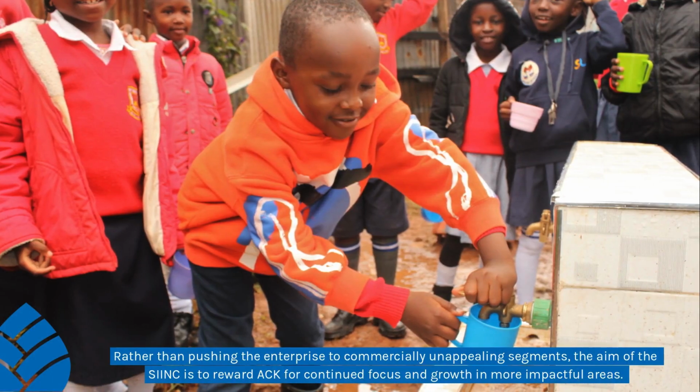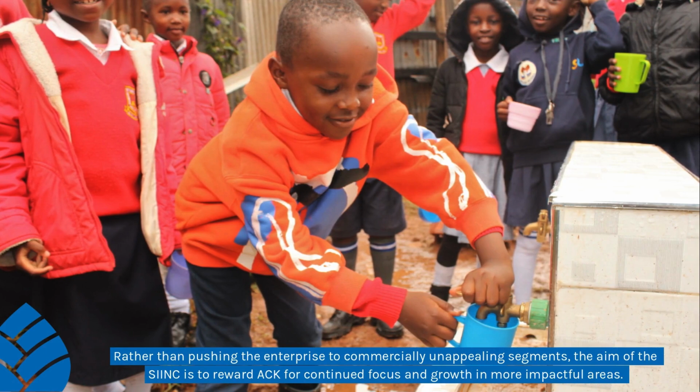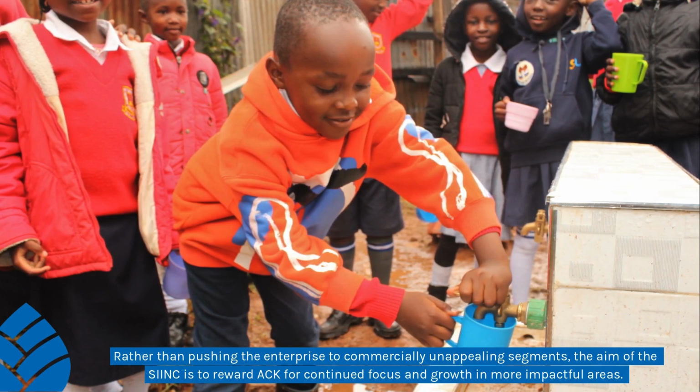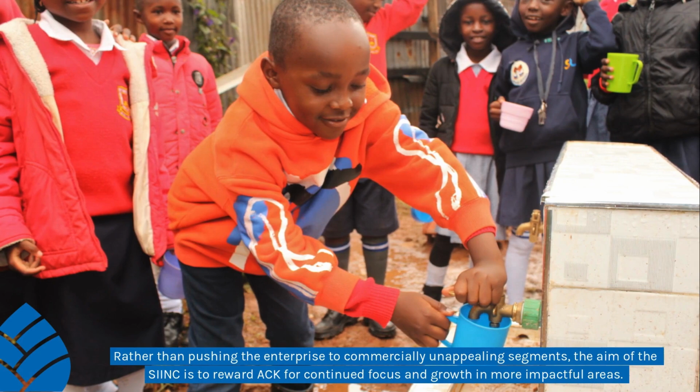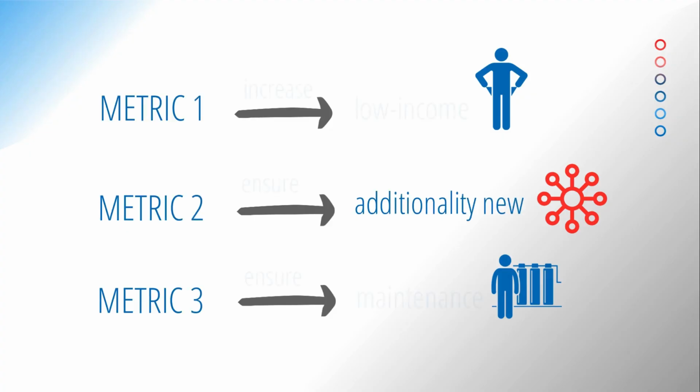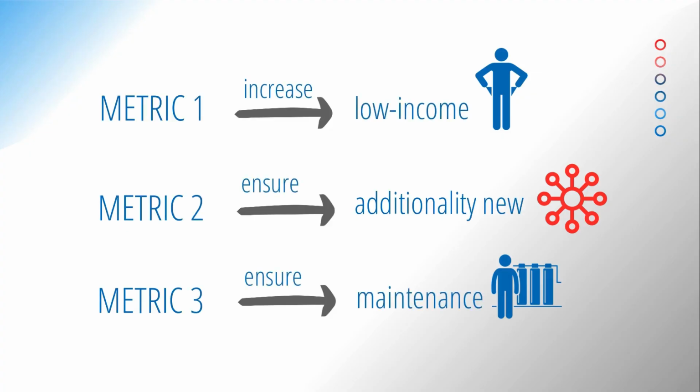Rather than pushing the enterprise to commercially unappealing segments, the aim of the sync is to reward ACK for continued focus and growth in more impactful areas. To incentivize ACK accordingly, 3 sync metrics were agreed. 1. Low-income customer growth. 2. The additionality of new hub placements. And 3. Effective water filter maintenance for best possible water quality.